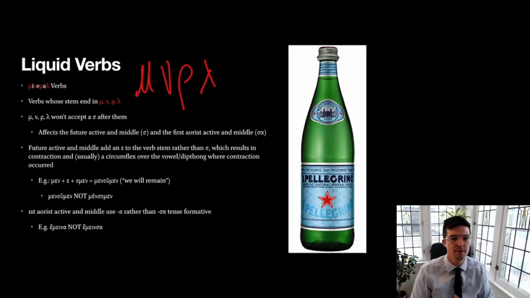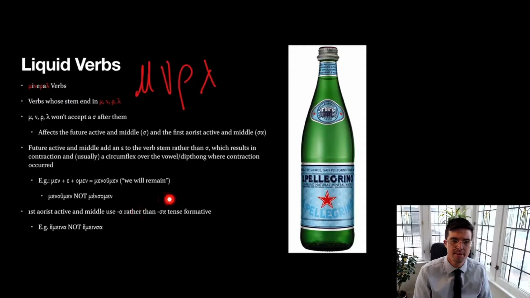When it comes to the first aorist, what happens is that the sigma of the sigma alpha tense formative drops out and we just get the alpha with the endings added on. So it's going to look like ἔμεινα, ἔμεινας, etc., rather than ἔμενσα. And you can see why that happens. The combination of nu and sigma with something after it doesn't really work. ἔμενσα is a little bit more difficult to say, or at least Greeks didn't like to say it as much as ἔμεινα.